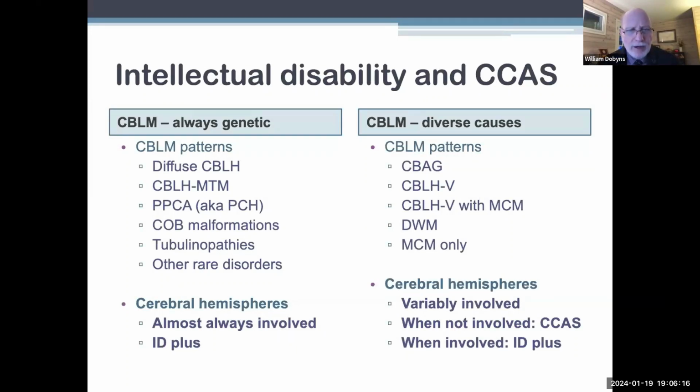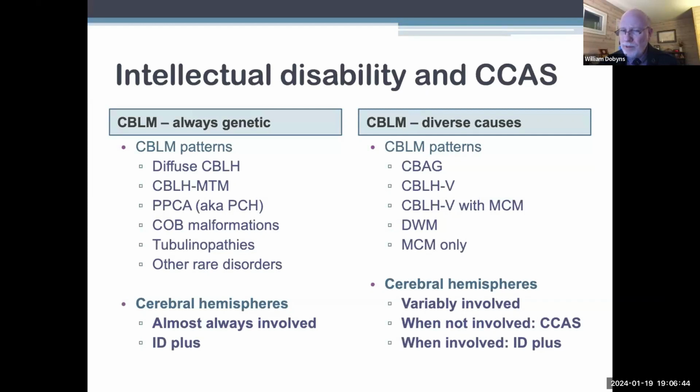Of the cerebellar patterns that I've recognized here with always genetic causes, the developmental outcome with diffuse cerebellar hypoplasia, Joubert syndrome, the Barth types of PCH, or pontocerebellar hypoplasia, tubulopathies, and cobblestone malformations, it's always poor. Sometimes it's extremely poor; typically they're severely intellectually disabled or worse.